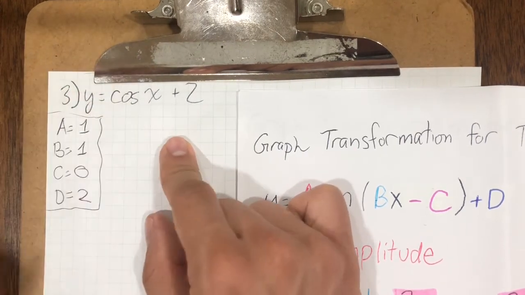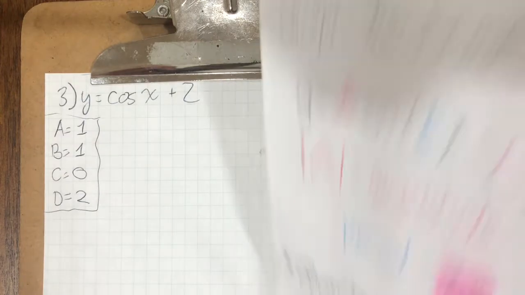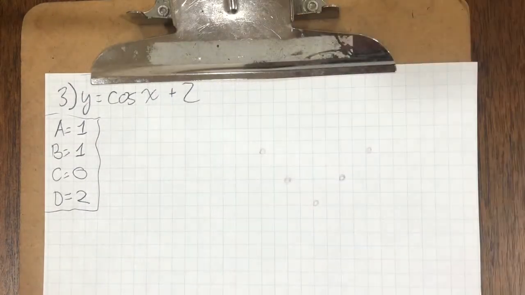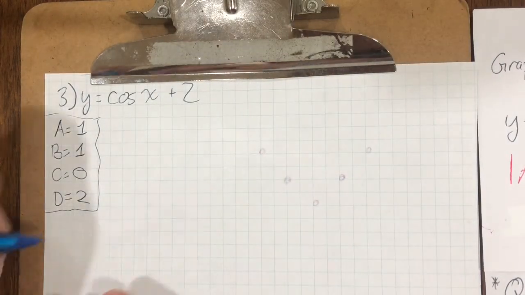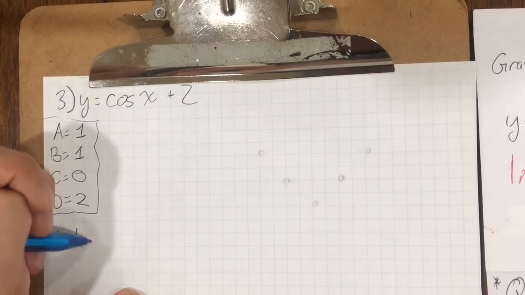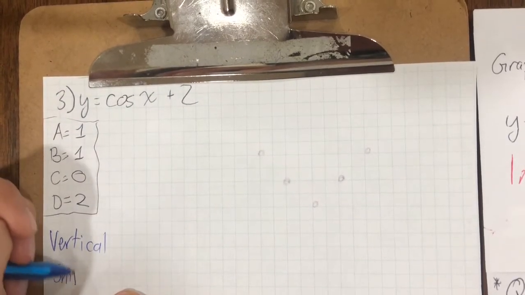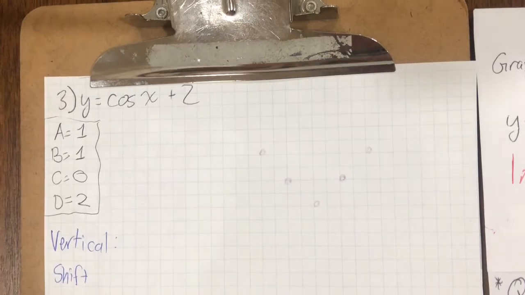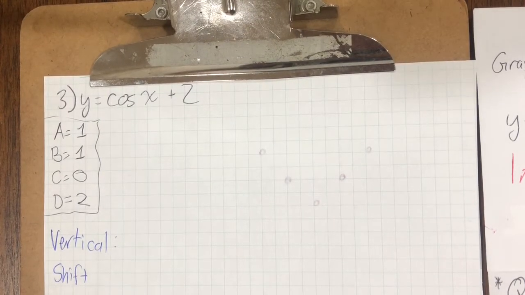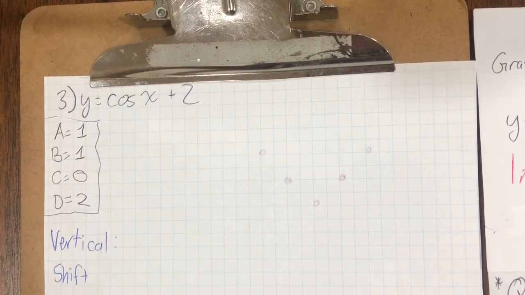All right? And D only applies to the vertical shift. So that means that there's going to be a vertical shift happening. Okay, so let's figure out what the vertical shift is going to be for this function.